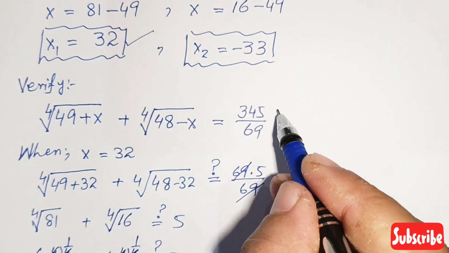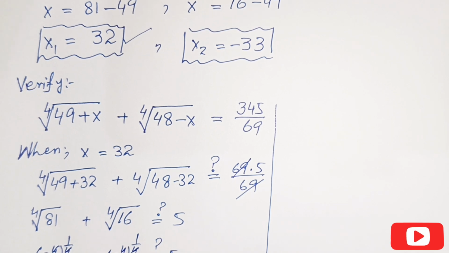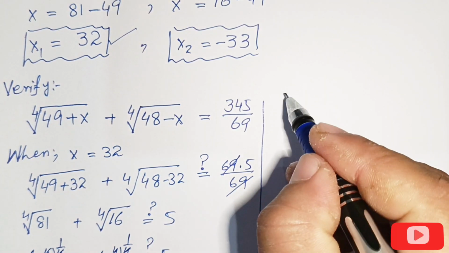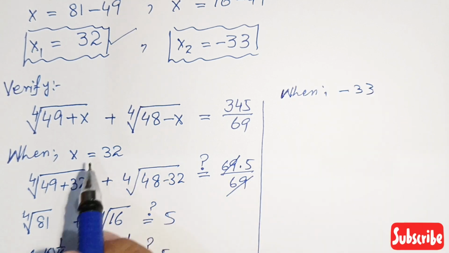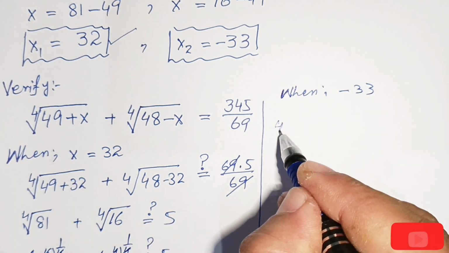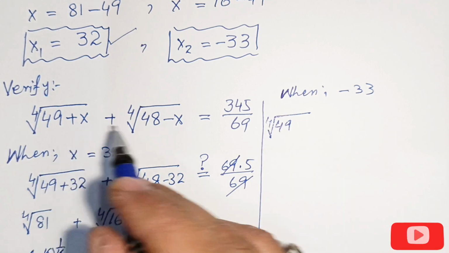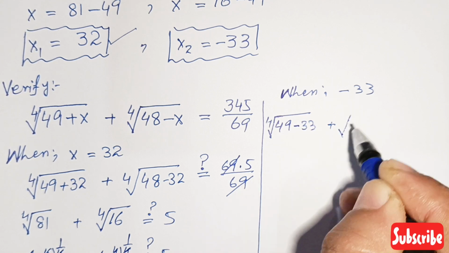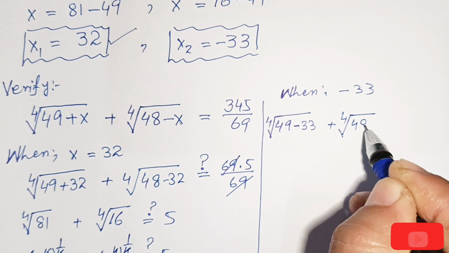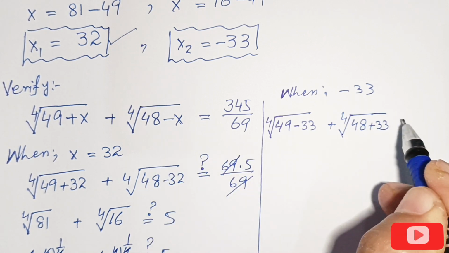Now using x2, putting the value of x2, when x is equal to minus 33, we get the fourth root of 49 plus x, which is minus 33, plus the fourth root of 48 minus minus 33. Minus times minus is plus, so plus 33.